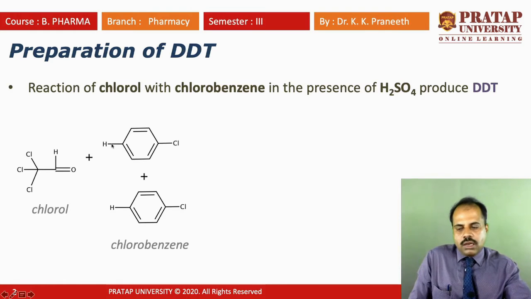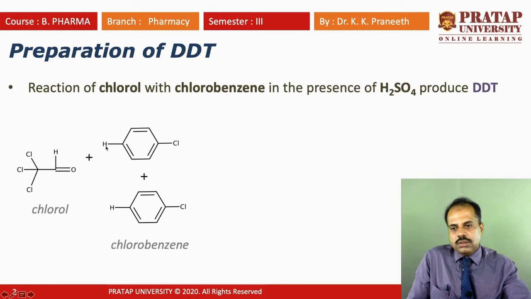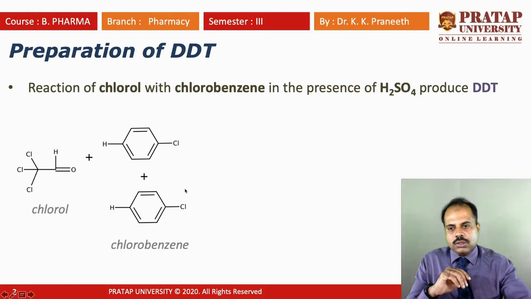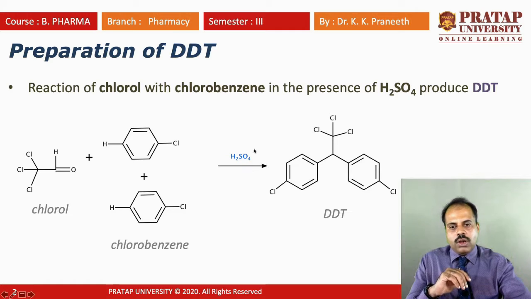And in this reaction, I have shown one of the hydrogens, because when this reacts, the water will be removed. So this hydrogen and oxygen, H2O, will be removed from the final product. So let's see what happens. You also need some acid, like sulfuric acid.